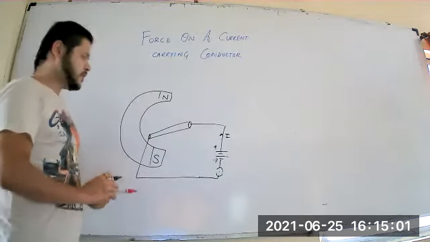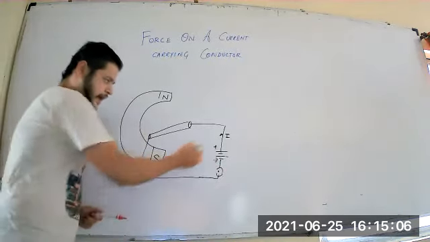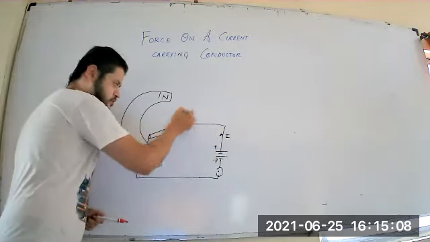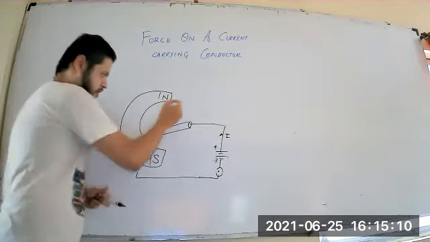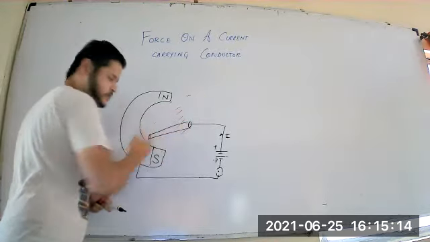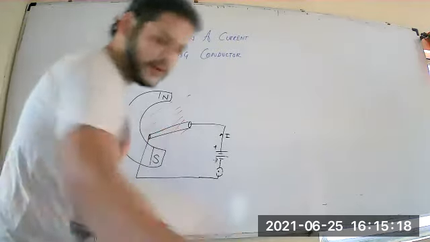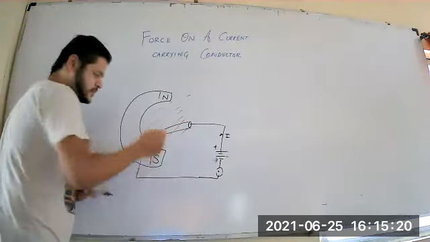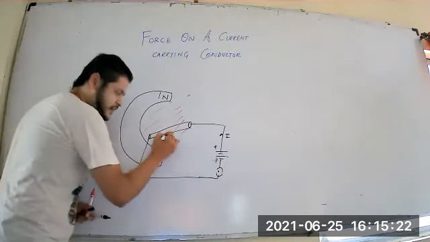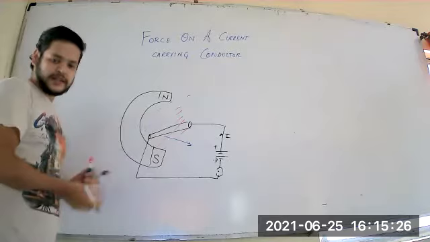So what we observe when we switch on this circuit and the current flows through the magnetic field is that this conductor or this piece of wire carrying current is shifted to either outside or inside.